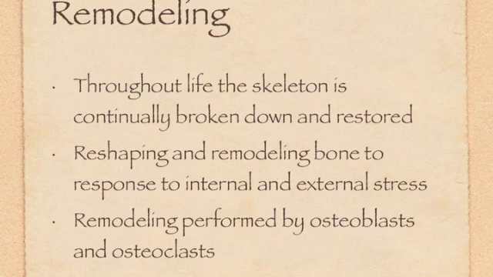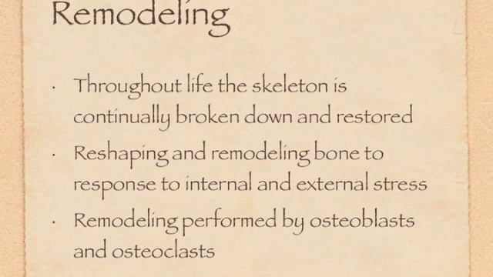And so throughout our life, our skeleton is constantly changing. We have what are called osteoblasts and osteoclasts. Osteoclasts dissolve and absorb bone. So if we have areas that are breaking down, the osteoclasts will absorb the bone, and then osteoblasts will lay down new bone. This process of reshaping is due to Wolff's law, which means the bone will respond to the type of stresses that are applied to the bone.